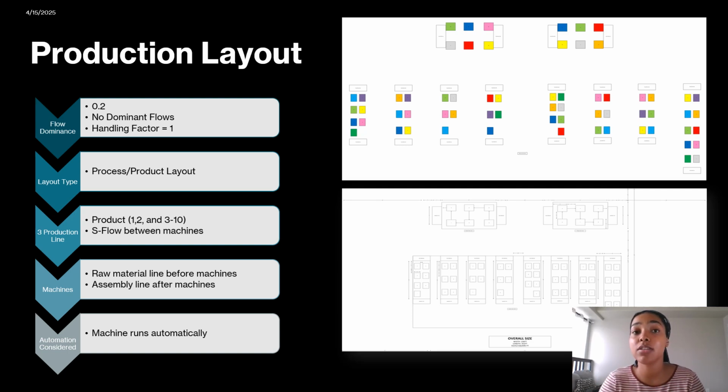Machines are expected to operate automatically with minimal manual operation. A handling factor of 1 has been applied throughout to reflect consistent effort in the material handling. The slide displays the machine layout, both with and without the dimensions, to show the flow and the space allocation.